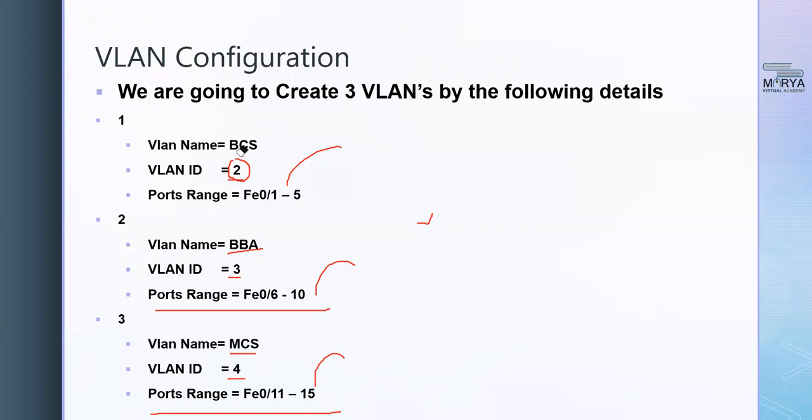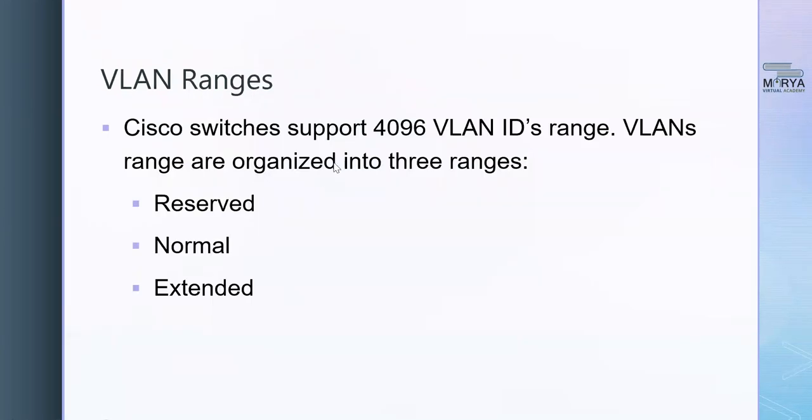For this purpose, we have to know about the VLAN ID range and sub-ranges. Cisco switches support up to 4096 VLAN IDs. This VLAN ID range is further organized into 3 sub-ranges: reserved, normal, and extended.